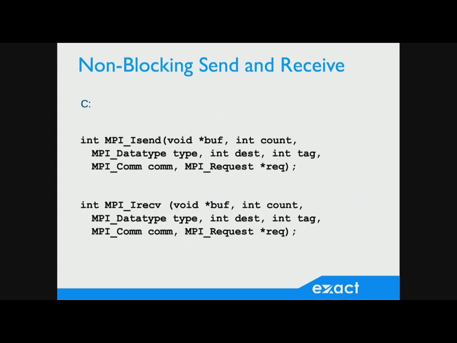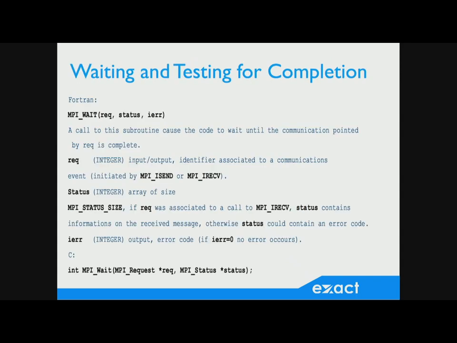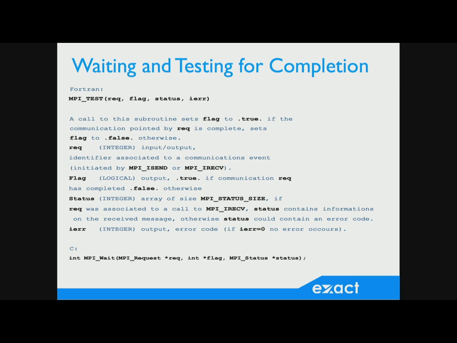This is the way you can send, and here is the way you can test the completion. You can do an MPI wait by means of request and status, and you can check what's going on. The request is associated with a call to MPI receive. Status contains the information of the received messages. Otherwise, status could contain an error code. I don't really want to go into too much detail.